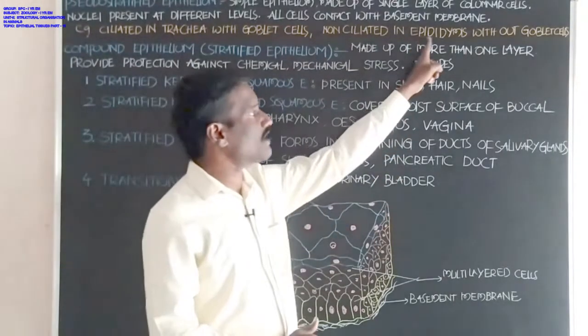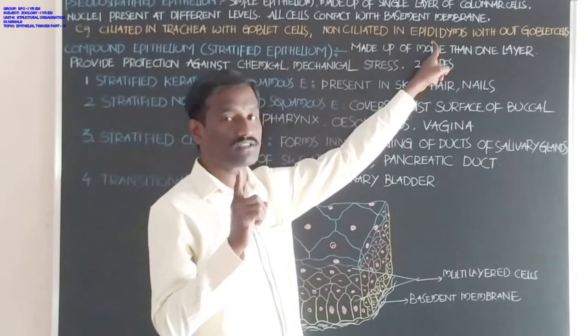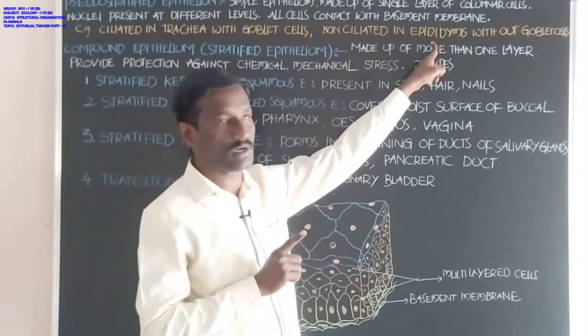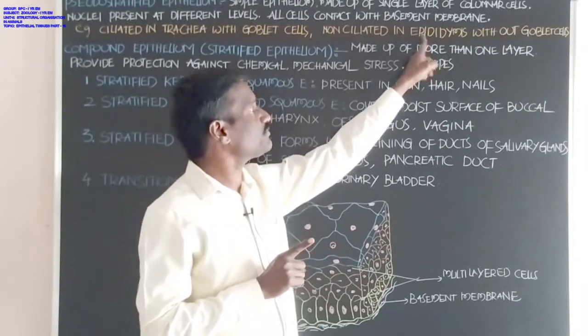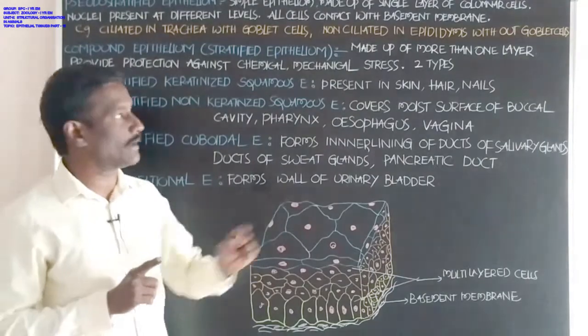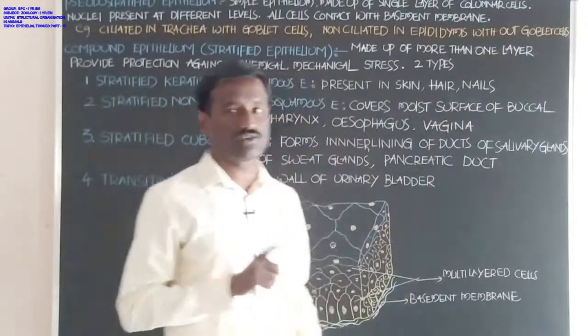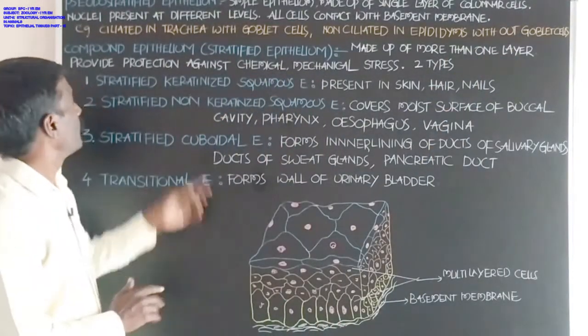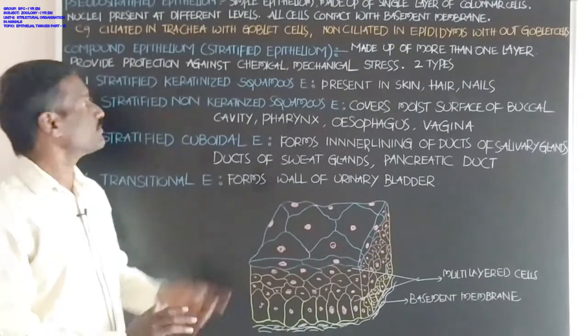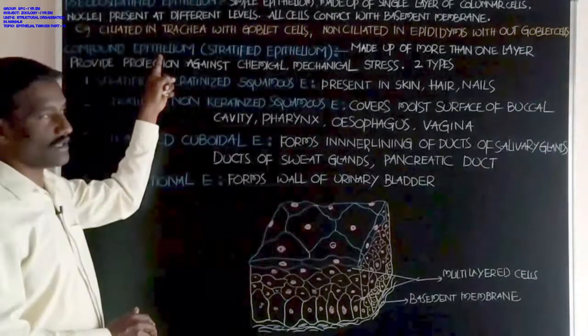It is a highly coiled tubular structure behind the testis, and this region shows non-ciliated pseudostratified epithelium without goblet cells. Goblet cells are absent.